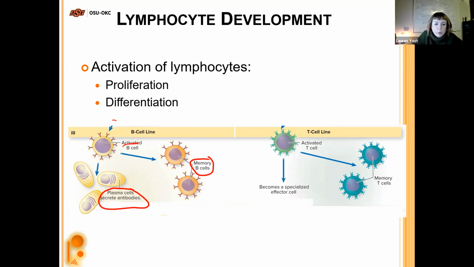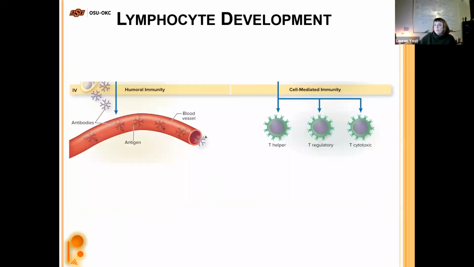And then going back to the T cells, when we activated those, some of them can become specialized effector cells. Effector just means they have a special job, right? Or they can be memory T cells that, when they get activated again, will be those. Yeah, so that's the idea. This is how we're going to be looking at all of this. We activate the lymphocytes, and first they will proliferate, and then they will differentiate, turn into different things.